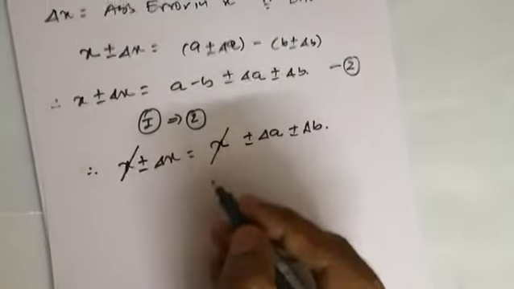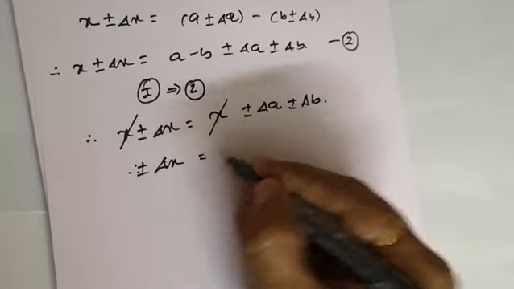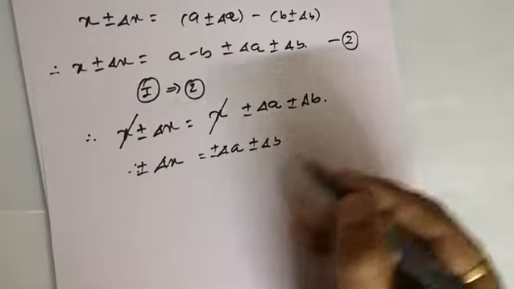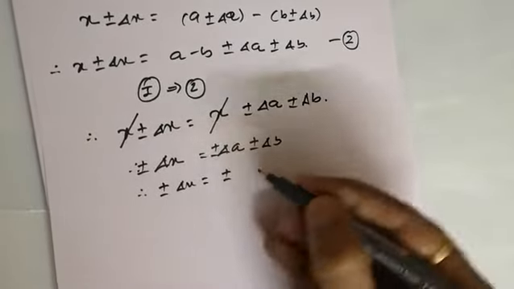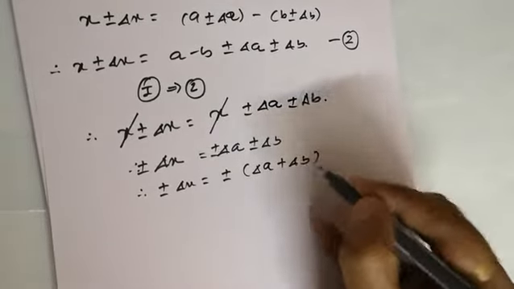X can be cancelled out from both these sides. We may get plus or minus delta x equals plus or minus delta a and plus or minus delta b. Bringing out plus or minus common from both sides, I may have delta a plus delta b.